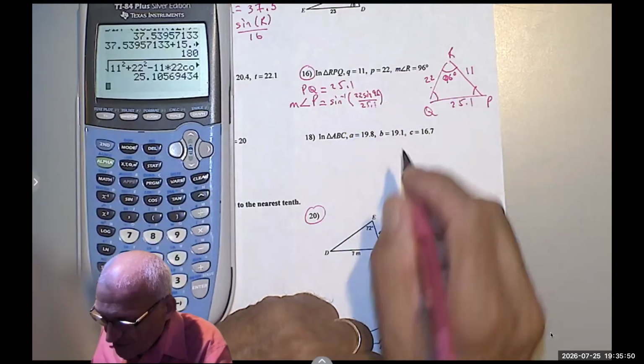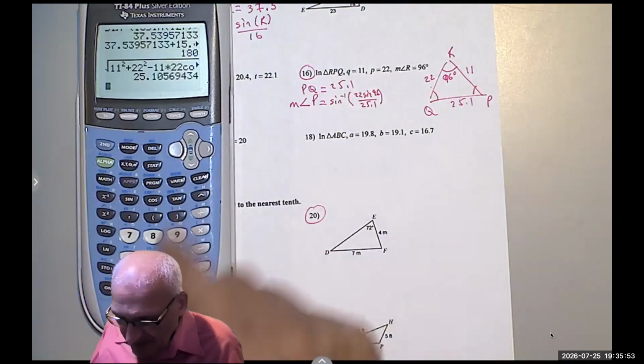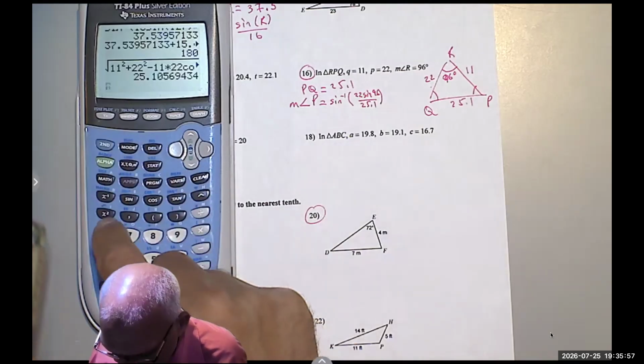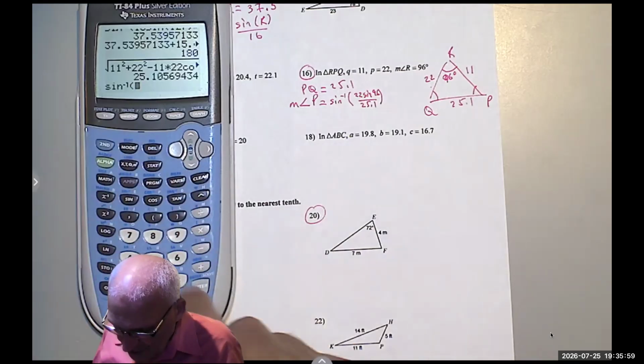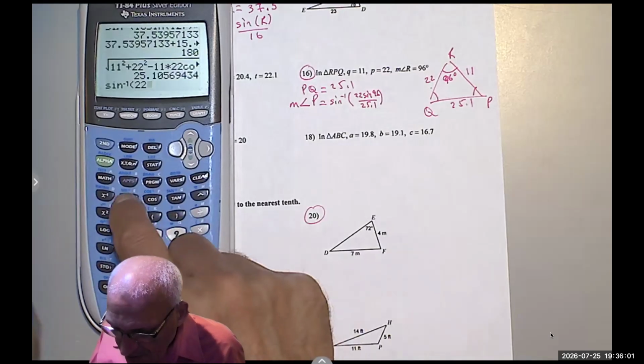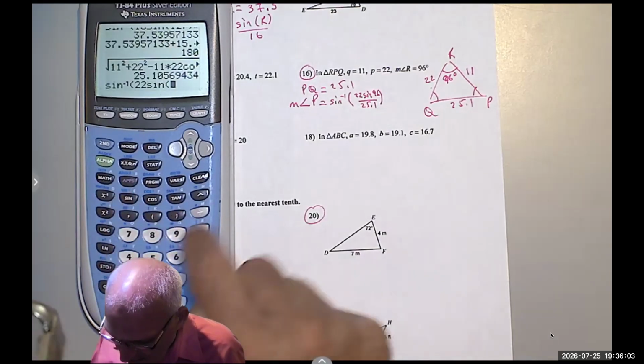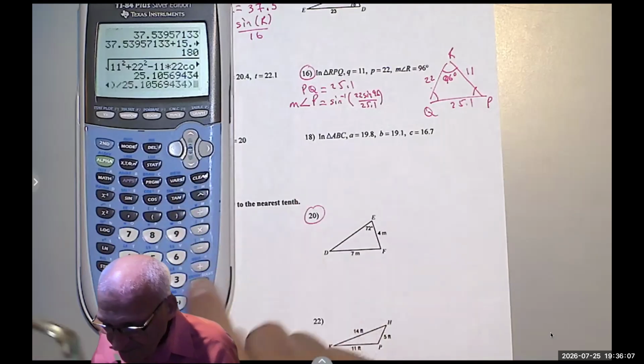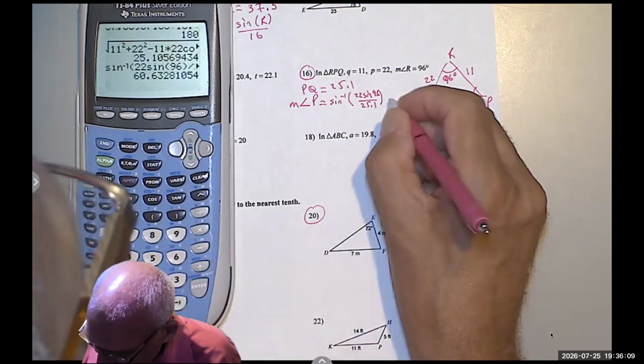Of course, I'm not going to use that; I'm going to use whatever I have here. So inverse sine 22 sine 96 over this, got 60.6.